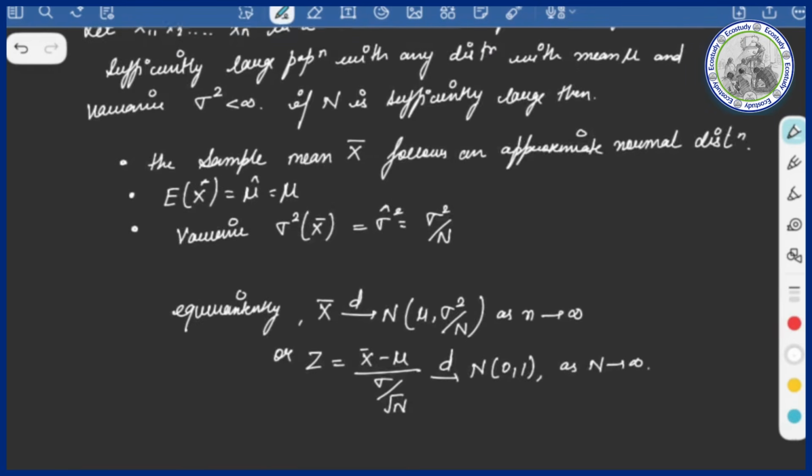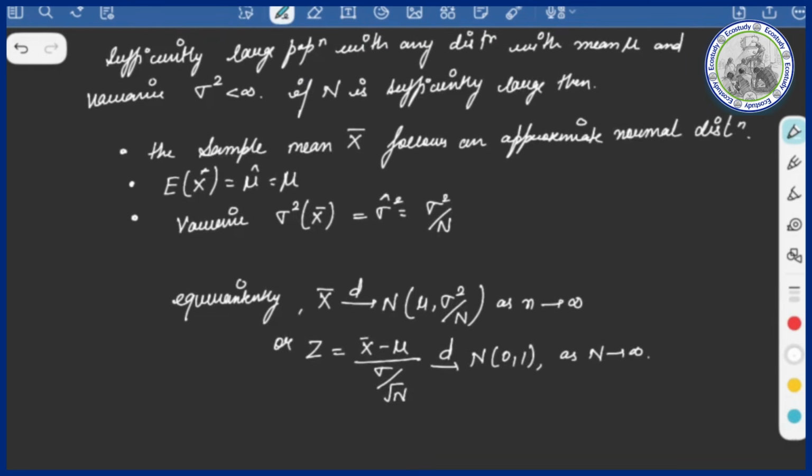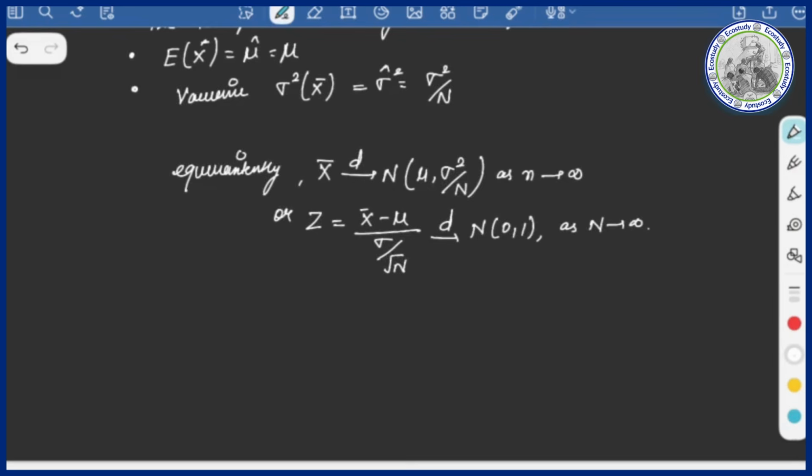So what does it mean? If x bar follows an approximate normal distribution with mean mu and variance sigma square upon n, then the sampling distribution of the sample mean will follow normal mu, sigma square by n, or if we subtract the population mean mu and divide by sigma under root n, then it follows normal 0, 1.